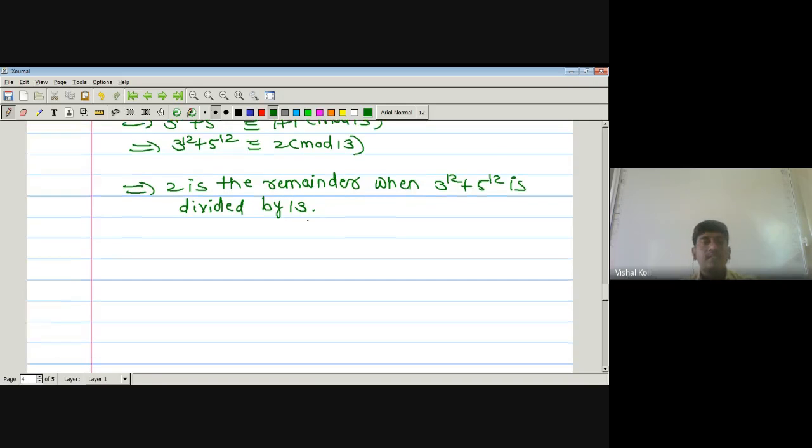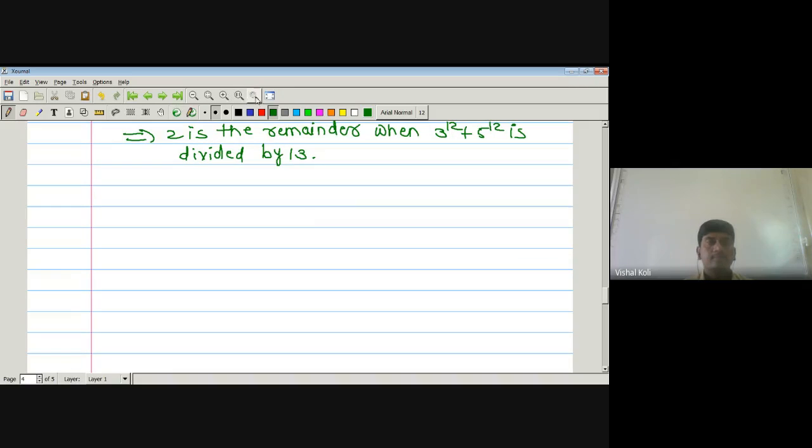Now there are some properties again. Prove each of the following.